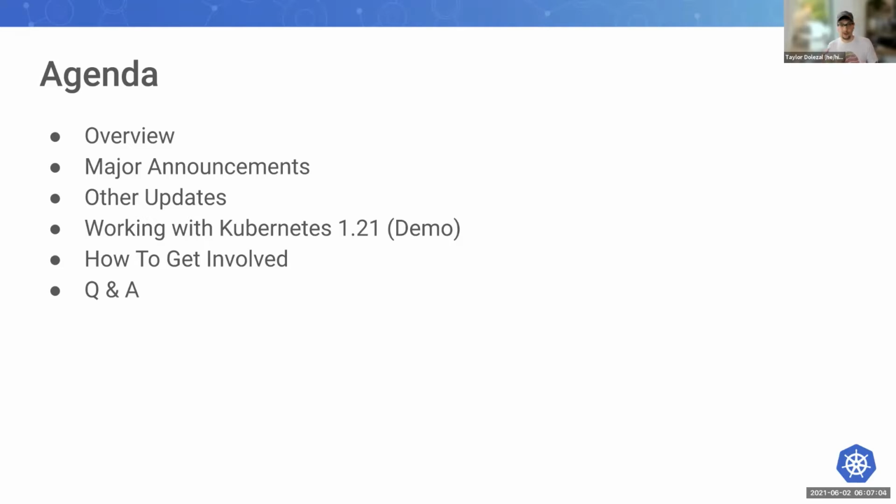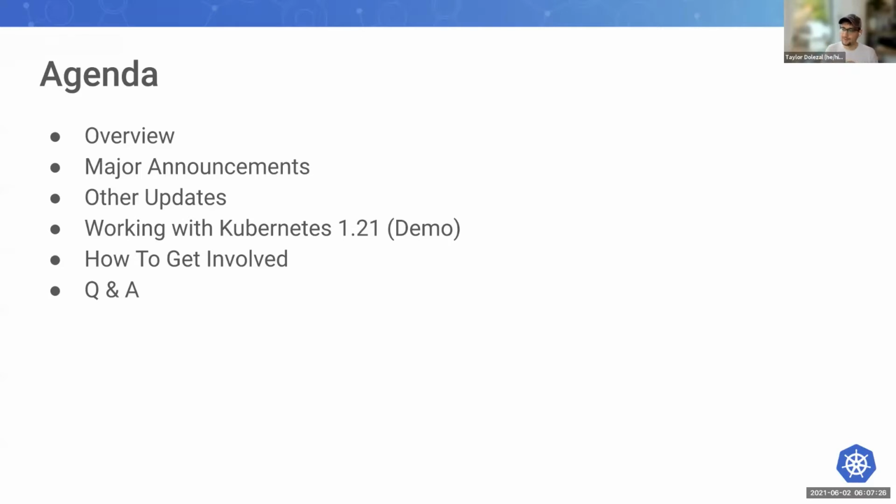Again, we won't go through all of the 51 enhancements and features and additions in 1.21. Otherwise, we'd be here for a few hours. But there's quite a lot. I'll give you some references and resources that you'll be able to take and actually dig into, and see if there's anything that you might find interesting for your workloads.